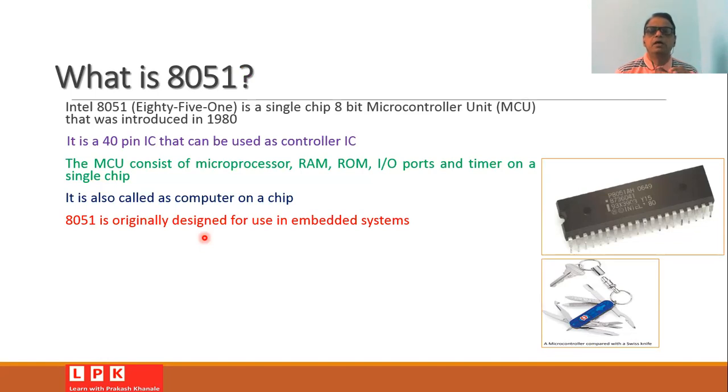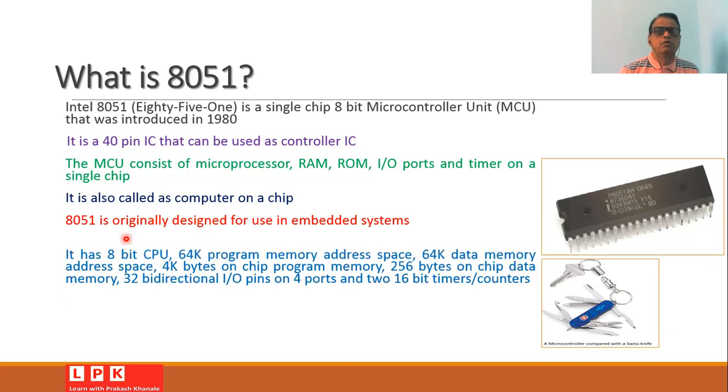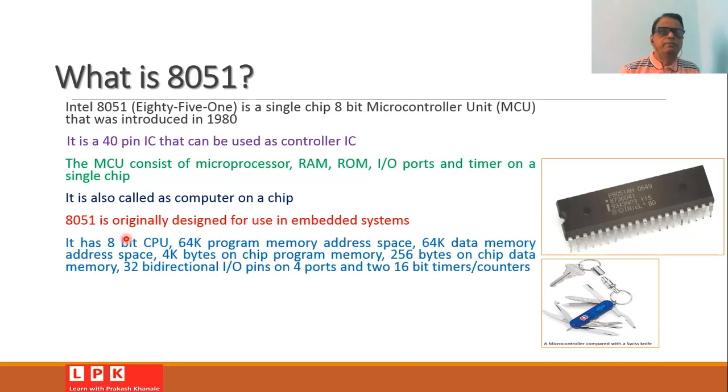Whenever you think of developing systems where the required programs and hardware are incorporated in the system itself, those can be called embedded systems. So whenever you think of designing any embedded system, you can make use of this microcontroller 8051.